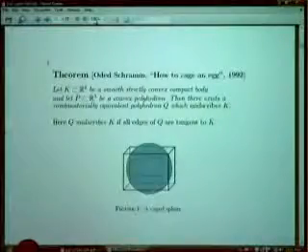People actually looked at caged convex bodies, in particular caged spheres. But this is a very strong property, which is hard to draw.